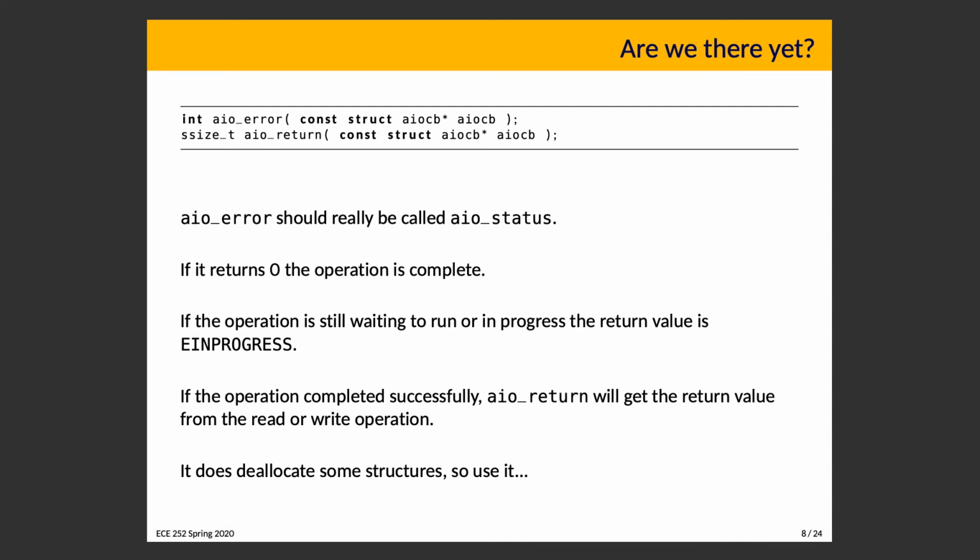Now, if the operation completed successfully, then you can use AIO return, and that gets you a return value from the read or the write operation. So if you were doing a read, for example, it tells you the number of bytes that you read, if you care about that, but that's why it returns a size type. It returns, oh, we asked for a read of this many bytes, well, here you go. This is how many were actually successfully read, if you care. If you don't, you still need to use AIO return because AIO return deallocates some structures.